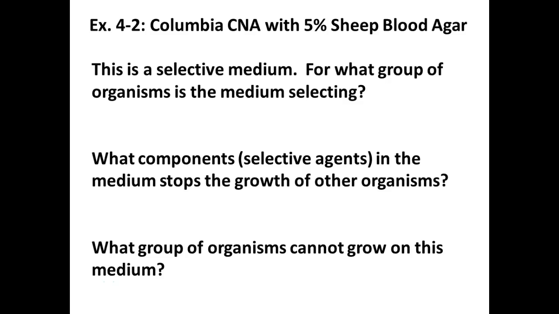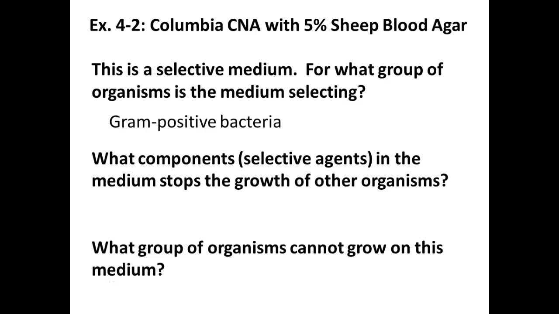So this media is selective for what group of organisms? Gram-positive or gram-negative? Gram-positive. So only if you had a gram-positive, I gave you one of these plates, right? The rest of you guys have gram-negative organisms. I didn't even bother giving you one of these plates.